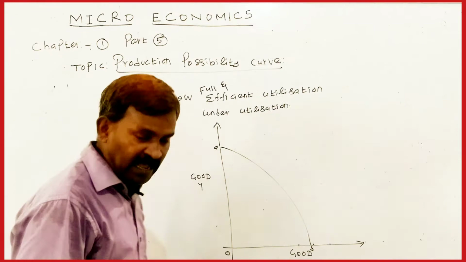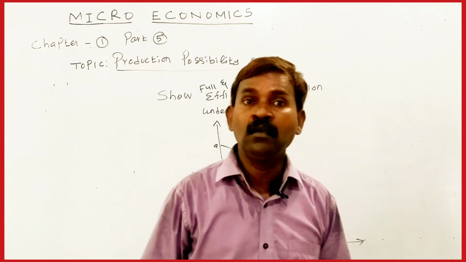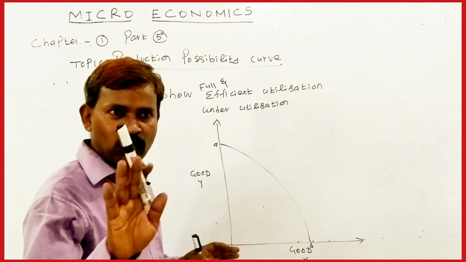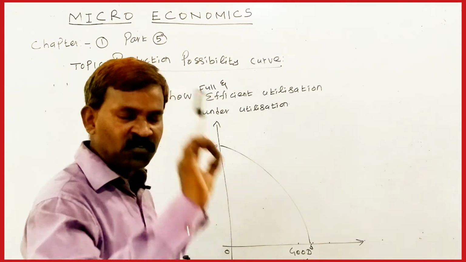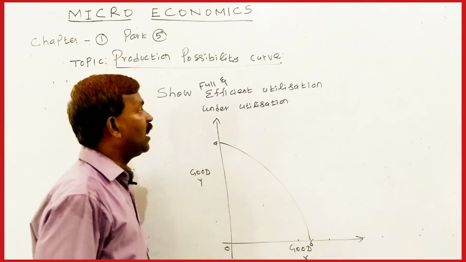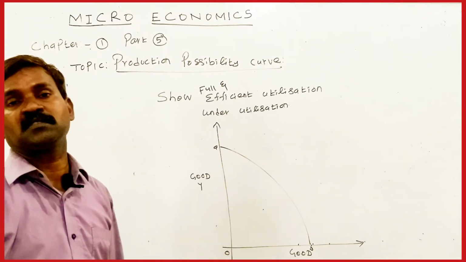With the help of a PPC diagram, how are you going to show these two situations? Situation number 1, full and efficient utilization of the resources. Situation number 2, underutilization of the resources.